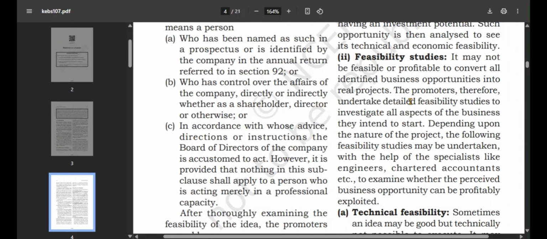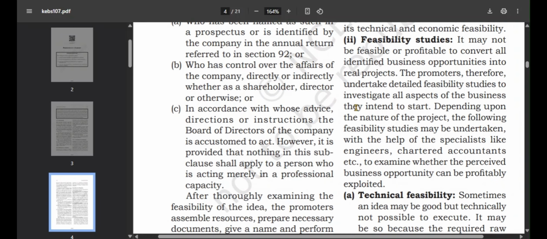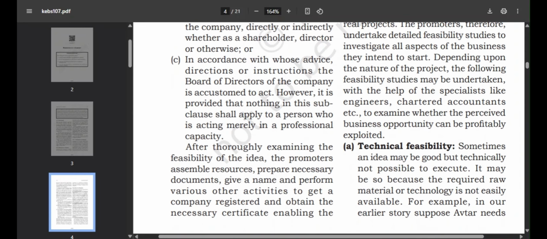So, as per the directions of the promoter, the board of directors of the company are supposed to act. So he is basically the guiding light. He gives his instructions, his views. On those basis, the board of directors of the company work.